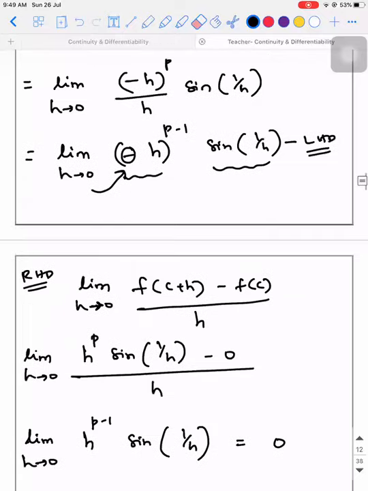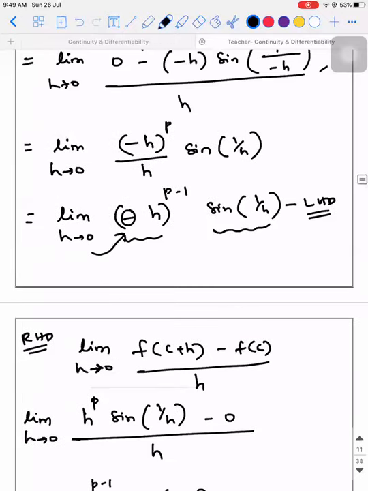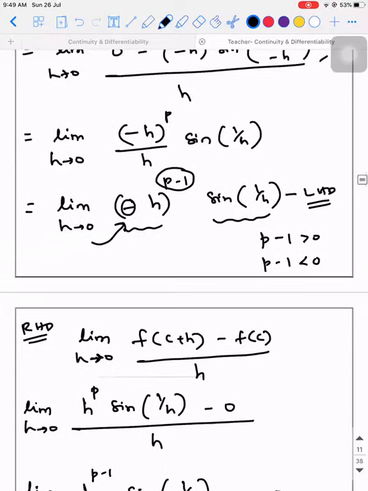So now, since an exponent is there, we need to break it into different parts and see. What are all the values that are possible for p minus 1? p minus 1 can be positive. p minus 1 can be negative. And p can be equal to 1 also. So p equal to 1 is not going to happen.